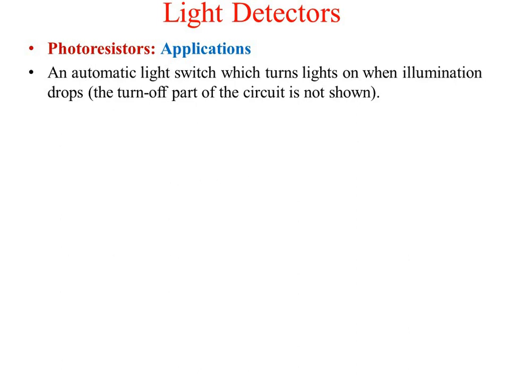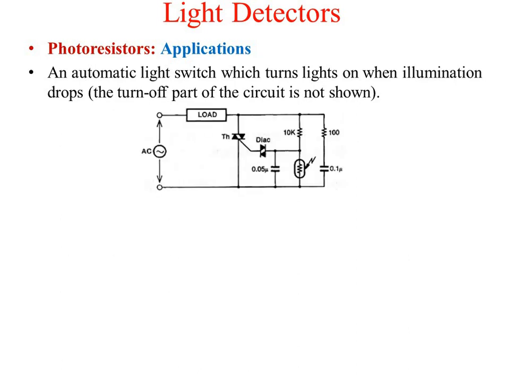As soon as that threshold is achieved, you can switch on the circuit and make the lights on in your room or in your corridor or in your passage and on the streets also. So you can save the light, you can save the switching, or you can save the manpower also. As soon as it's morning, the light will automatically get shut off also. That is also quite possible. So automatic light on and off is possible with such kind of photoresistance application.